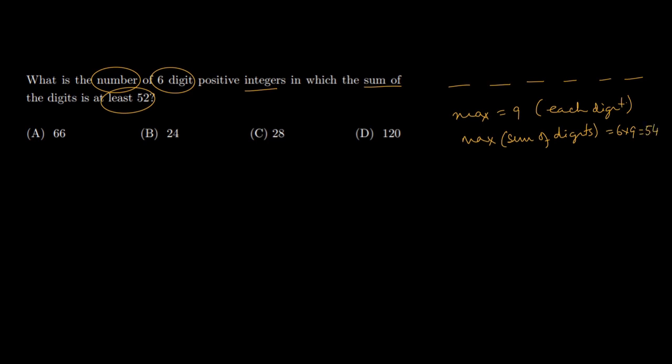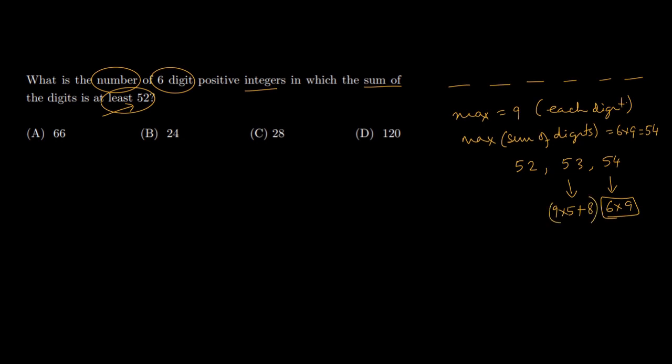And here we are told that it is at least 52. That means it should be either 52 or 53 or 54. So clearly 54 will mean 6 into 9. So this is one case. Now for 53 and 52, if I have to have 53, that means I have to have 5 nines. So 9 into 5 is 45 plus one 8.